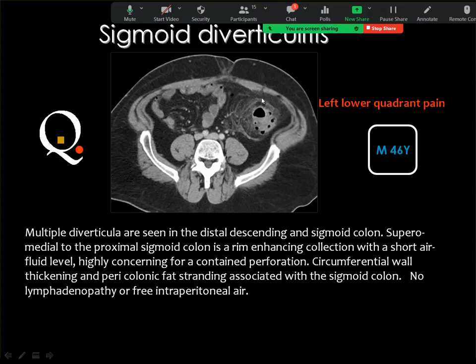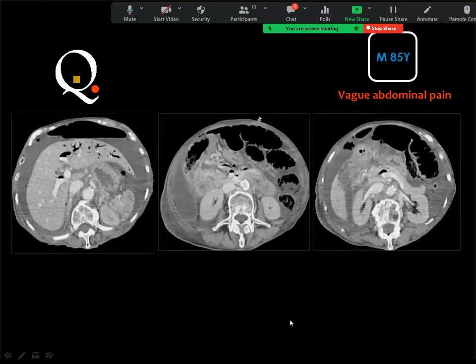Then you see stranding of the pericolic fat, and you may see a bucket filled with air in the pericolic area, air fluid level representing a pericolic abscess. And sometimes if you reach the level of the bladder, you may see air inside the urinary bladder in some cases. Next case is a male, 85 years old, with vague abdominal pain.